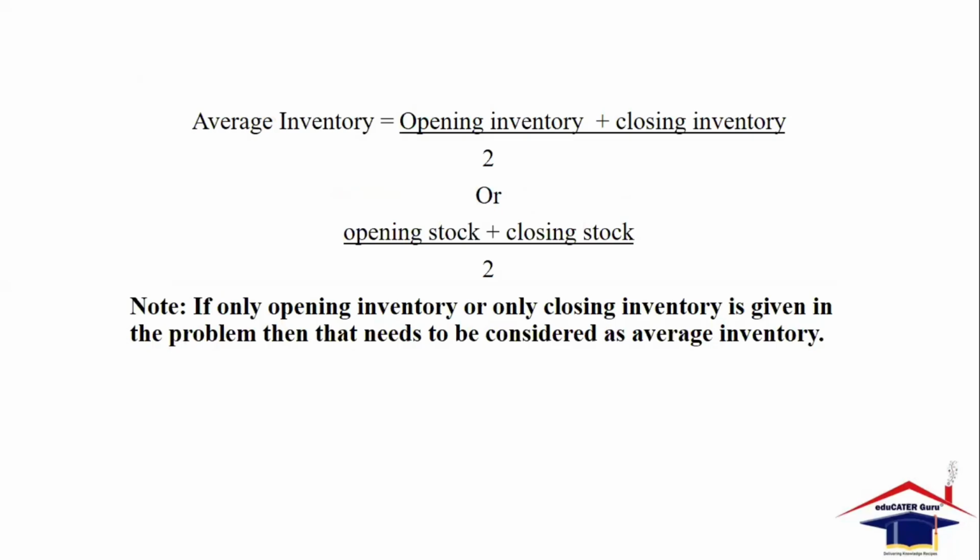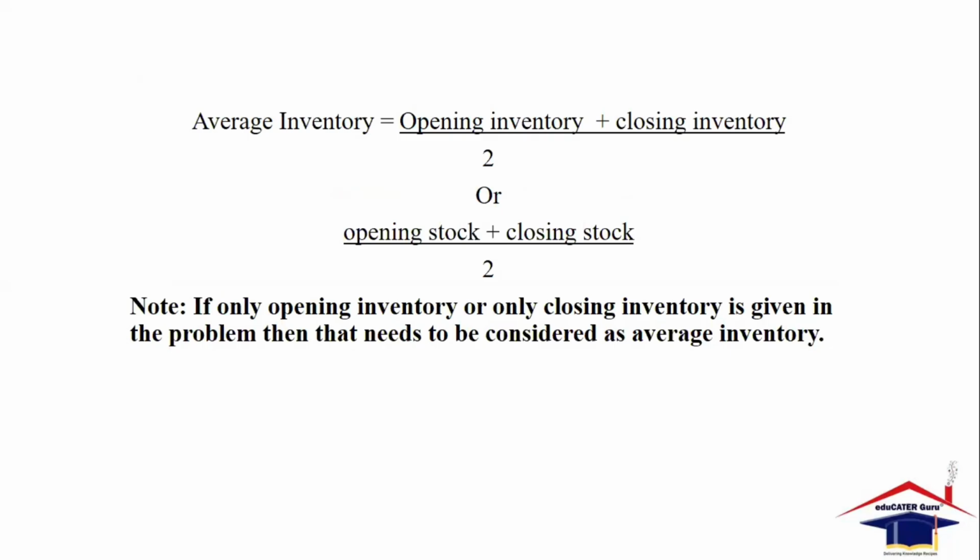Next, average inventory. The formula says average inventory. So average is nothing but a mean, the middle value, that is how we will calculate. So we will calculate opening inventory plus closing inventory divided by 2, or opening stock plus closing stock divided by 2.